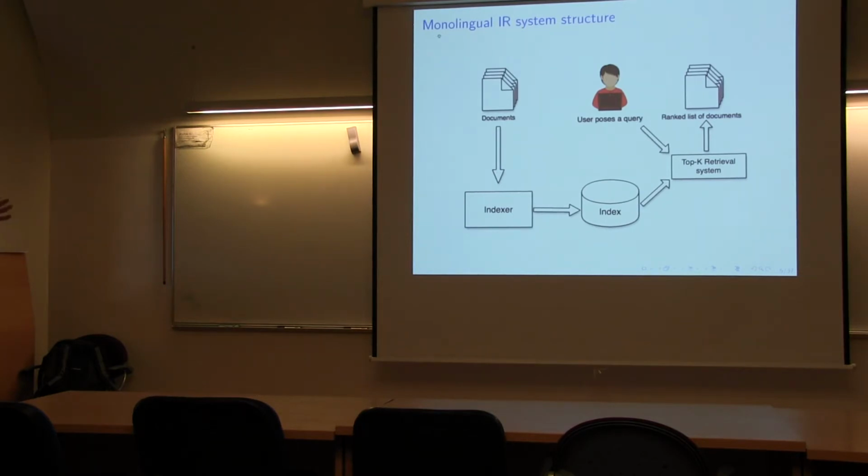We have some documents, usually web documents or PDF files or whatever. They contain raw text. These documents will be indexed by an indexer. And then we have a retrieval system. This retrieval system is responsible for retrieving the documents from the index that we create, reacts to the query that we send to it from its users, and returns a ranked list of documents.